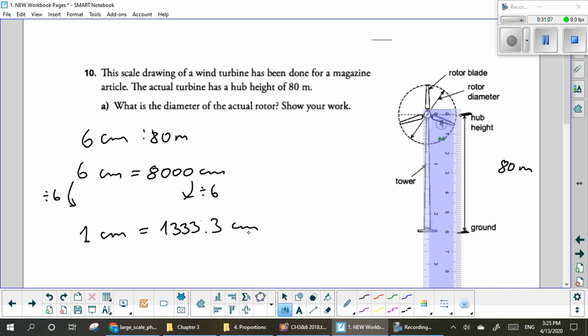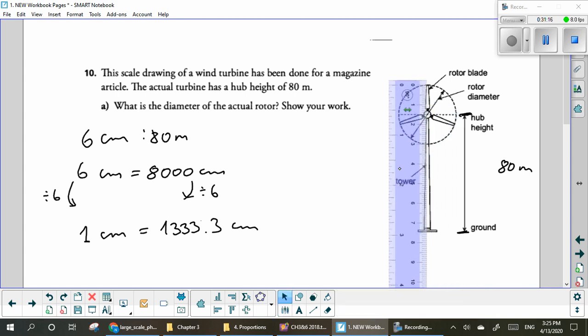I'm going to use this for my diameter. My diameter in the drawing looks like it's 3 centimeters, and I will use the scale factor of 1,333.3.